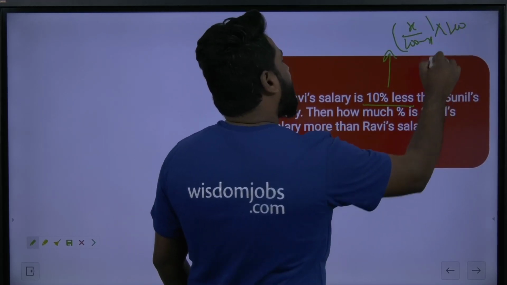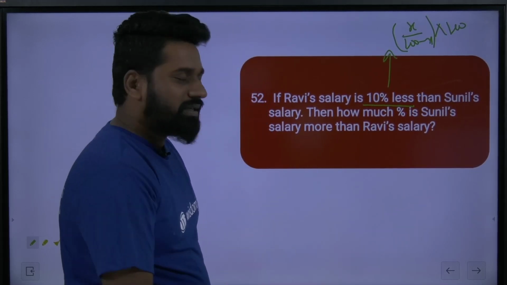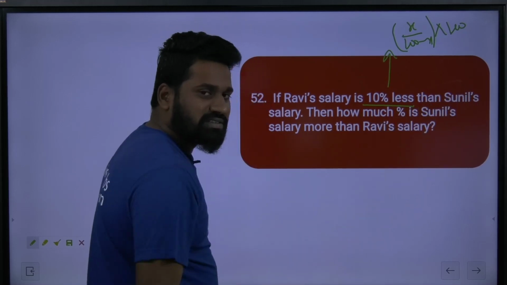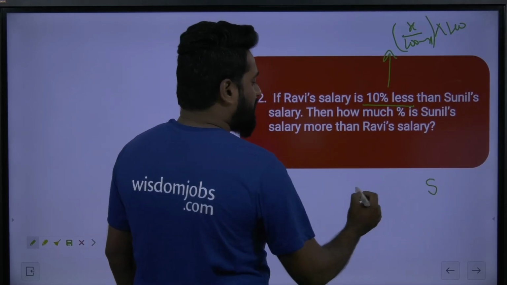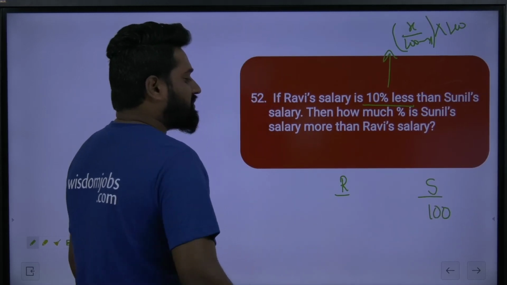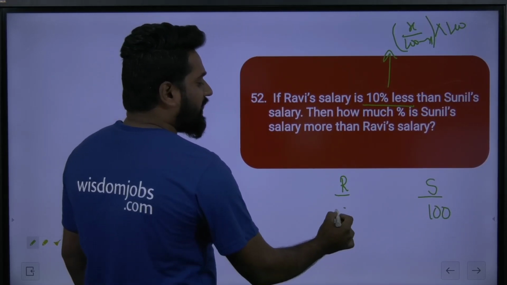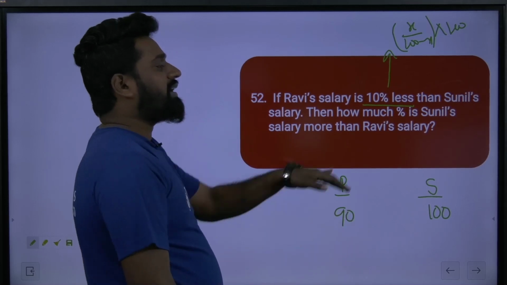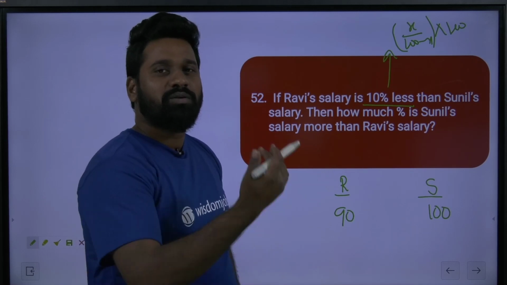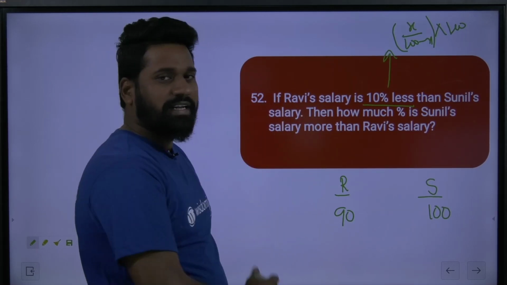Or if you are getting any confusion, do it in the general method. So Ravi's salary is 10% less than Sunil's salary. So this is Sunil's salary, this is Ravi's salary. So Sunil's salary is 100 rupees, Ravi's salary becomes only 90 rupees because 10% less is given. 10% of 100 is 10 rupees. So 10 rupees is less, that is 90 rupees.